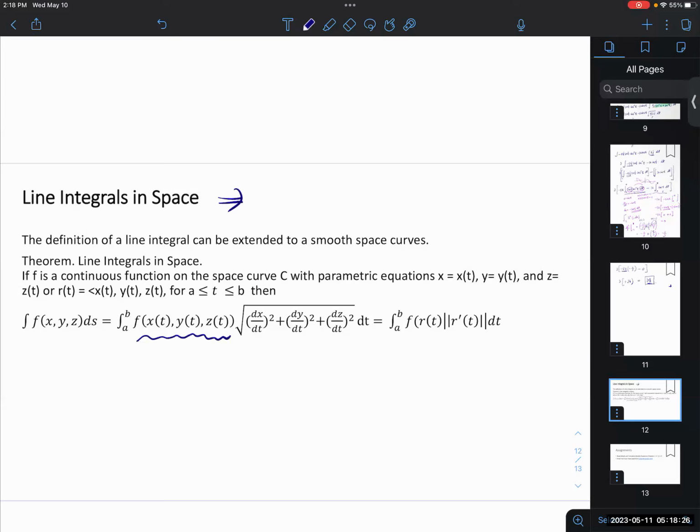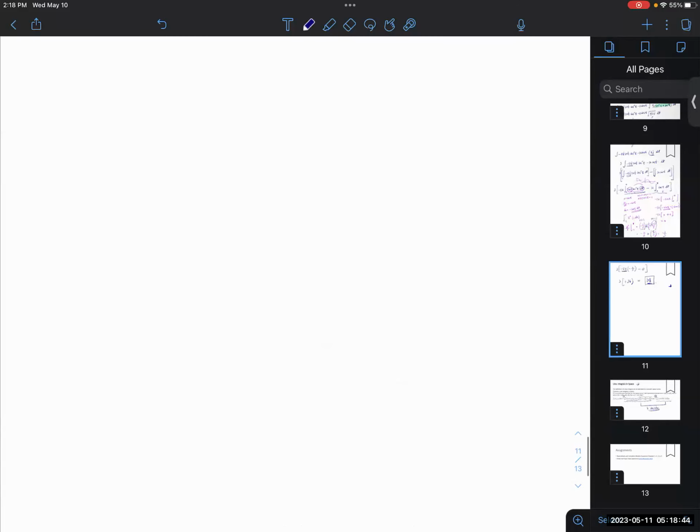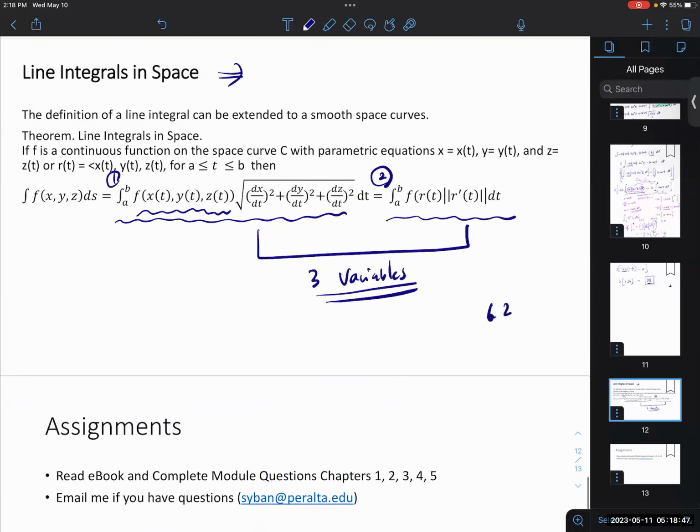It's the same thing. You can use either a parametric equation or parametric plus the polar coordinate system equation. This is the three-variable case, and it's the same formula, but I'm not going to do it here. So you can think about it and expand your knowledge. Two variables should be enough. So that's it for 6.2 so far.